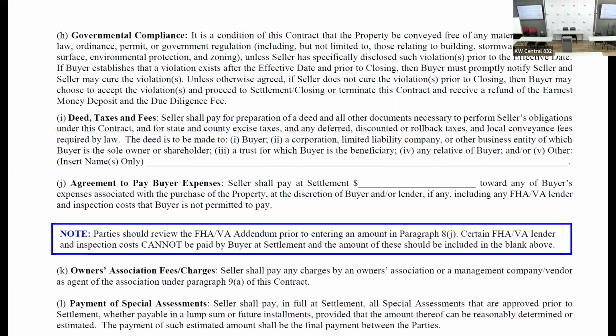Then it has to be deeded to them, and then they can deed it to the trust. That would all be the attorney. If it's not ready to go into the trust, then it has to close in their name, and then they deal with the attorney to deed it to the trust at a later date.